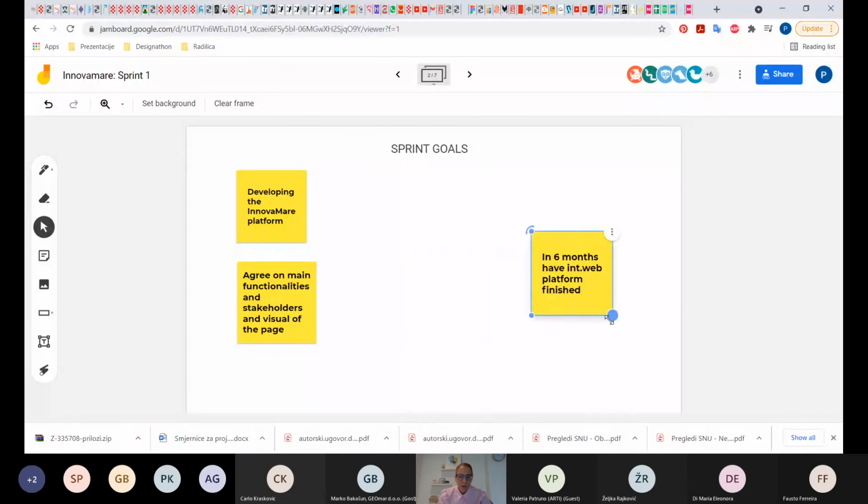And also in numbers, in 6 months we have the interactive web platform finished. So anything else that you would like to add for the sprint goals? I mean, the obvious one is to develop the InnovaMare platform. But what we said also, which is in the scope, is to agree on main functionalities and stakeholders and visual of the page. Would anybody else like to add something specific for the sprint goal?